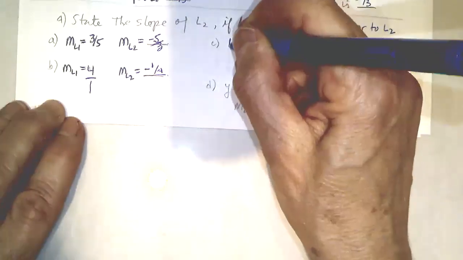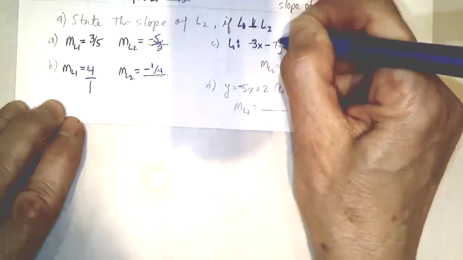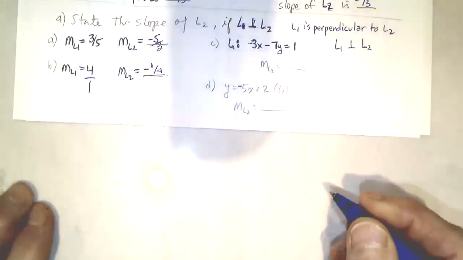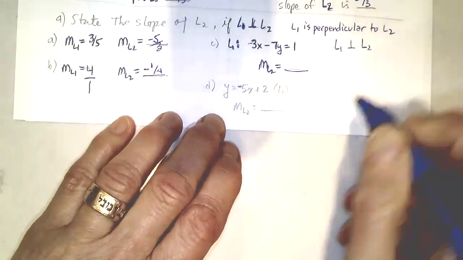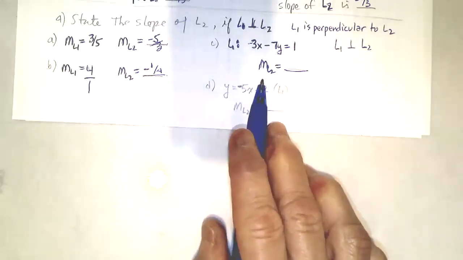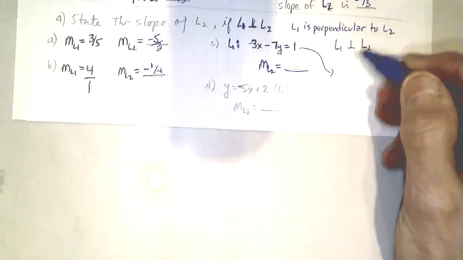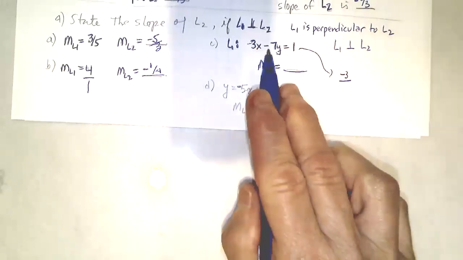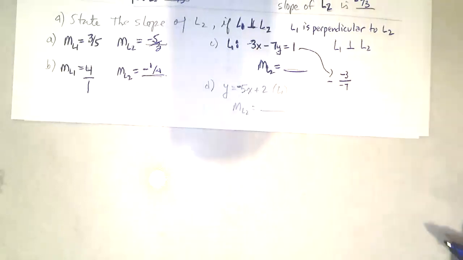Now I have a question over here. Again, I'm a little sneaky. I'm also doing a little bit of review. This is L1, and I want you to tell me its slope. And then, of course, I'm also going to want you to tell me L2's slope. So this is a situation where you want to use the A, which is -3, over the B, which is -7, and then there's an extra negative.